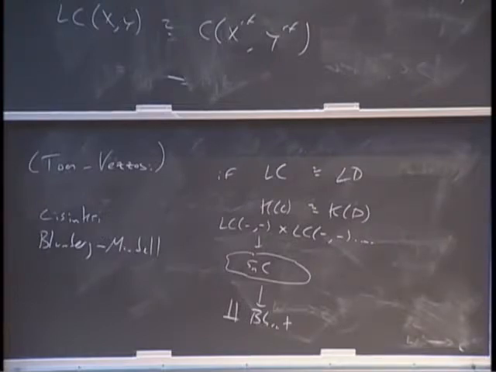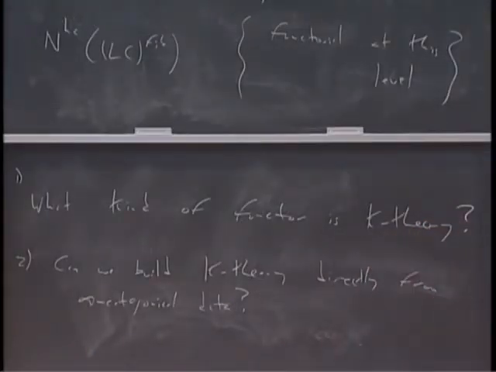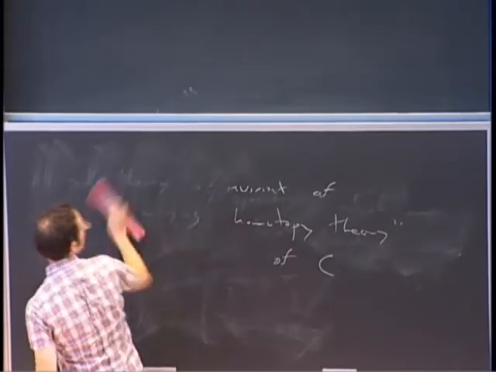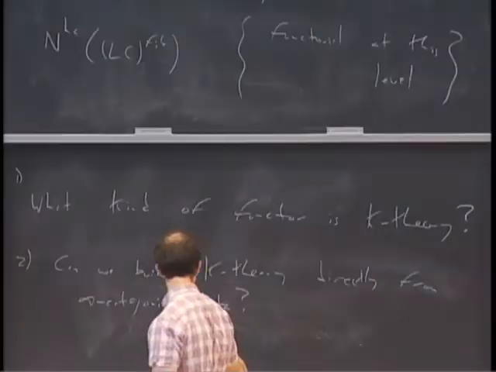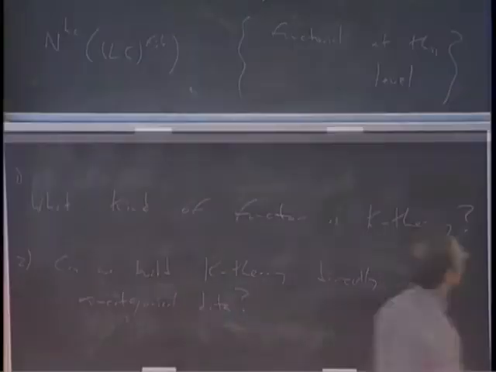OK, so let me motivate the kinds of answers now that one can give to these questions. Now I'm going to give sort of more prehistory in a sense. There's a slogan which is relevant for the remainder of the talk.